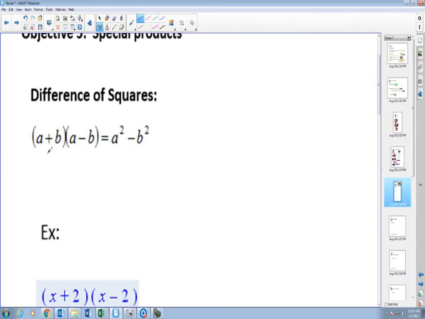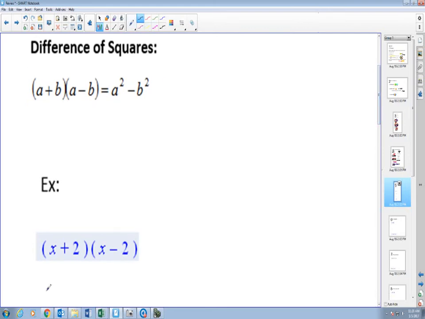But if you look closely inside the parentheses, what you will notice is the first terms are the same, the second terms are the same. The difference between the two parentheses is one plus and one minus. In that case, your outer and your inner will always cancel out. So that will only leave you with a times a is a squared, b times b is b squared. So when you recognize difference of squares, you can simply write down the answer, a squared minus b squared.